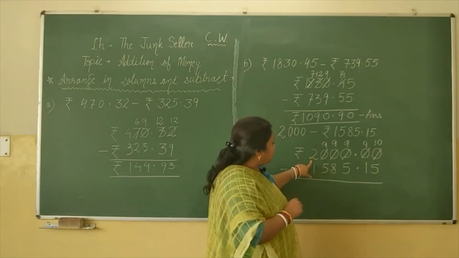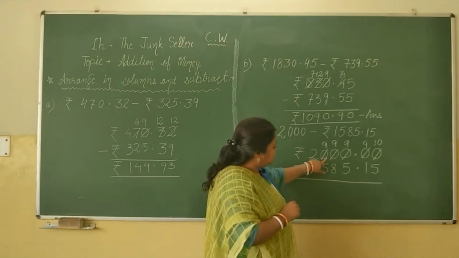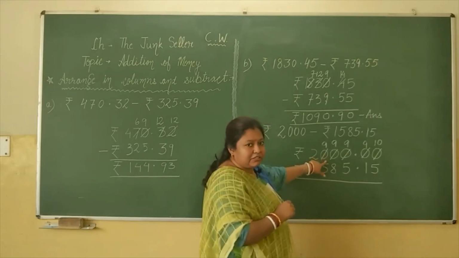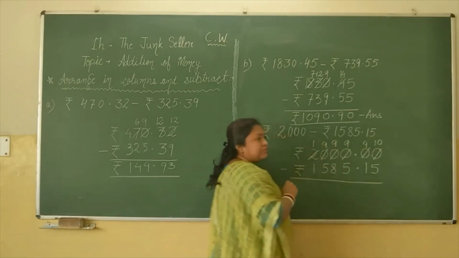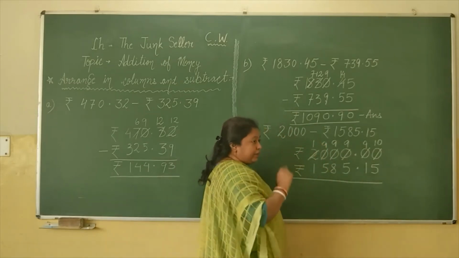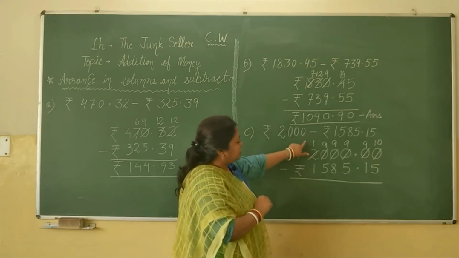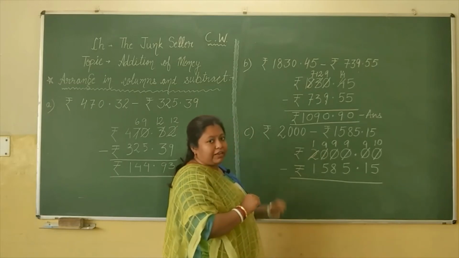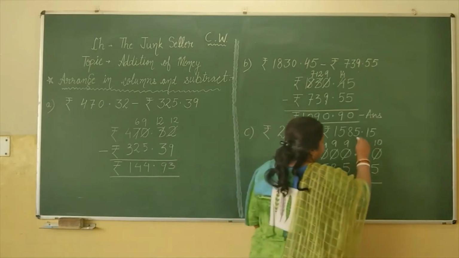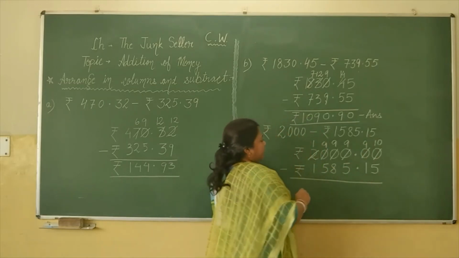So here again you can see, as we have taken a carry in this 0 also, the 2 becomes 1. The 2 is cut, and we have taken a borrow, so we write 1 in place of 2. Now we will start our subtraction.